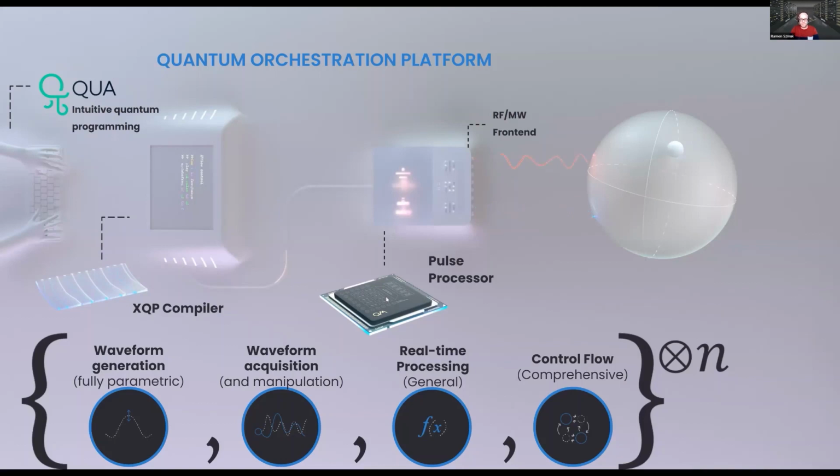Yeah, so these four kinds of operations are per channel, so per processor core. The pulse processor is a multi-core processor. The current iteration has 18 cores.